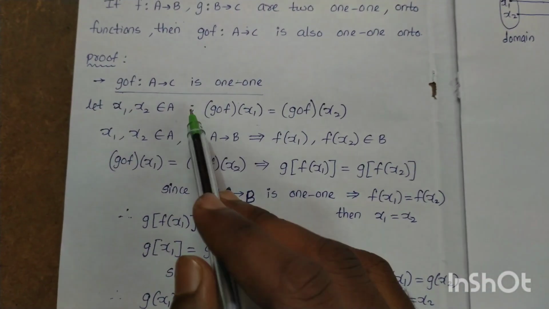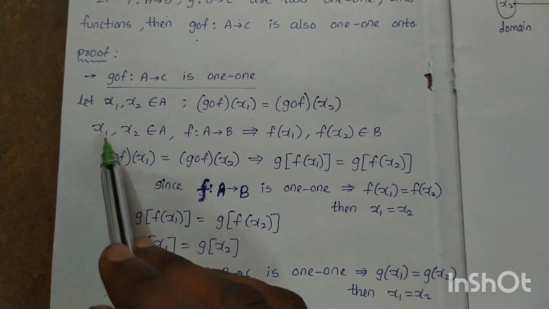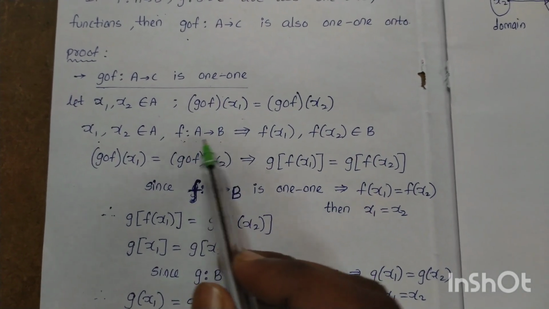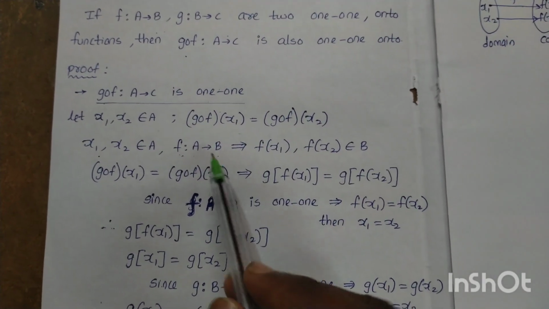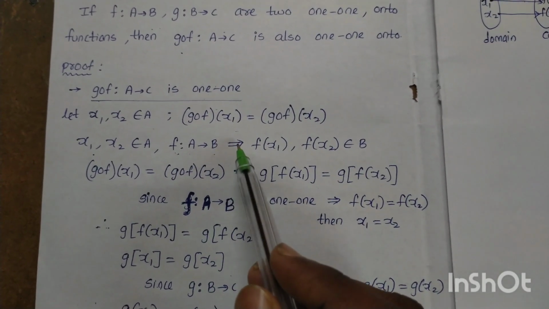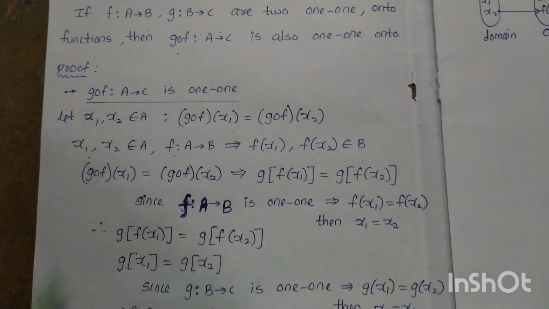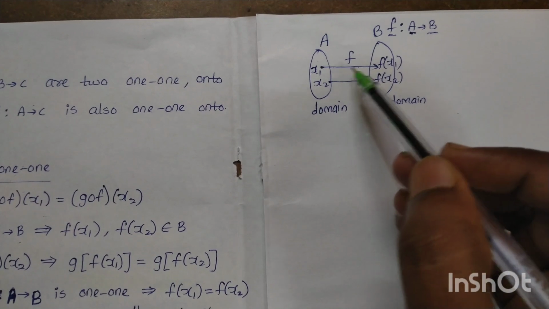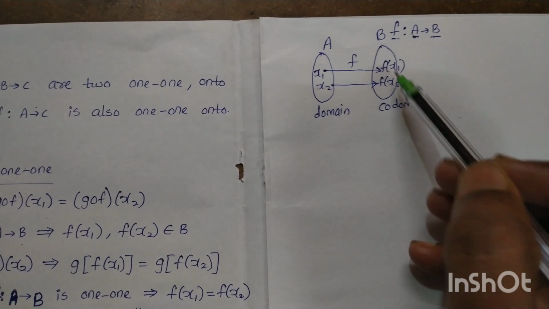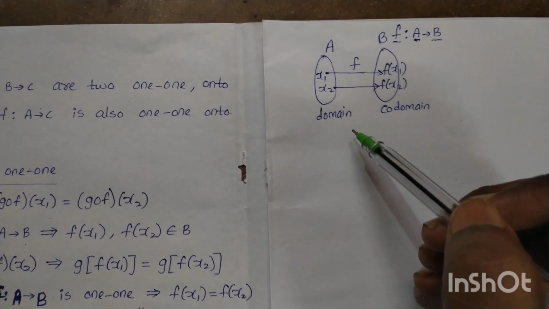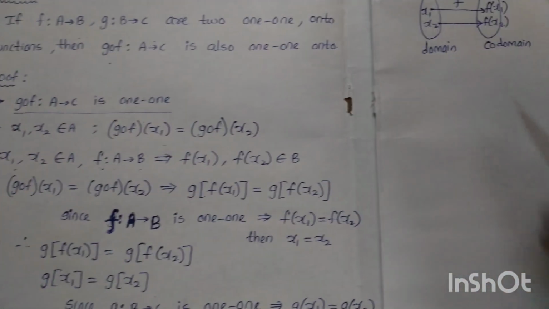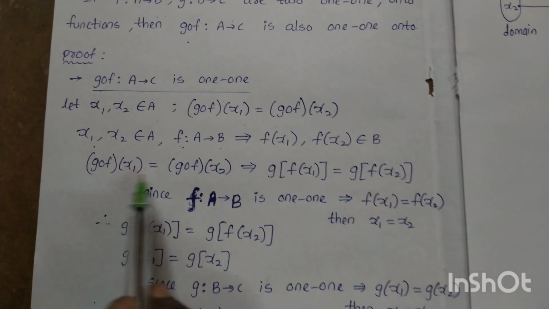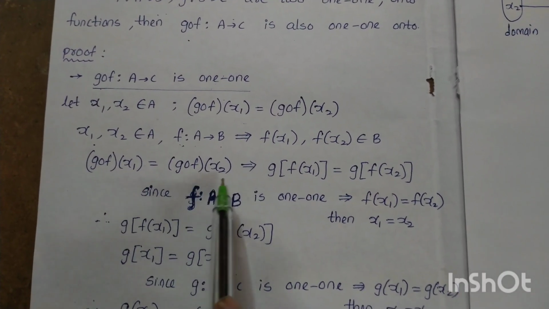Okay, so this is the first line. Next line, you see, x1, x2 belong to A. They have given one function, right? f maps A to B is the function which they have given. If f maps A to B is a function, that implies that f of x1 and f of x2 belong to B. Here we are taking x1 and x2 belonging to A, f is a function, so compulsorily f of x1 and f of x2 belong to B. This is the condition they have given. Clear? Next, we are assuming gof of x1 is equal to gof of x2.